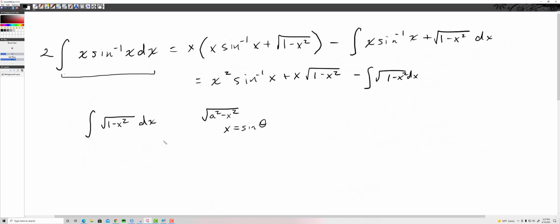What you're going to do in this case is plug something in for x. So this is another way of saying sine inverse x equals theta, okay? And what we also want to know is what dx is, which is cosine theta d theta, and we're going to plug this in where we see dx, and then we're going to plug sine theta in where we see x. So here we go.